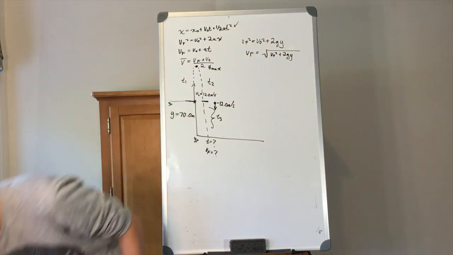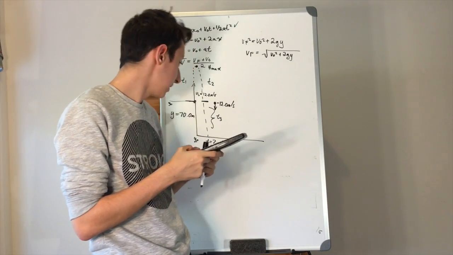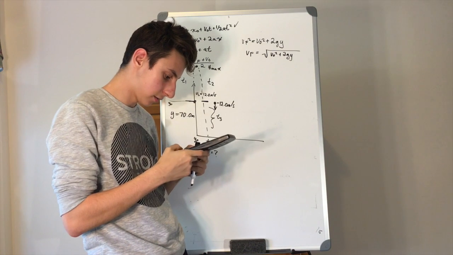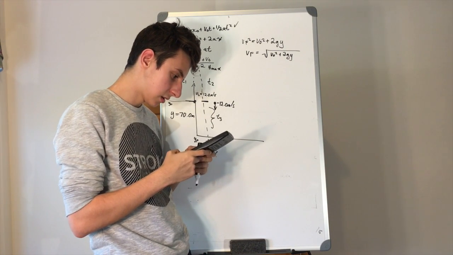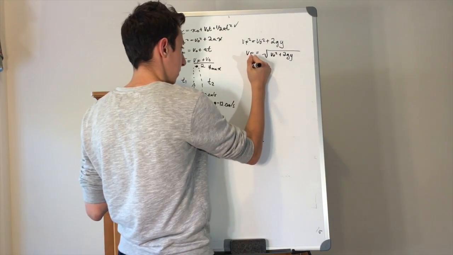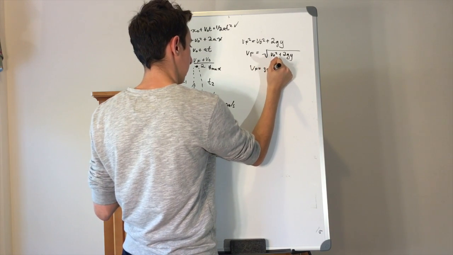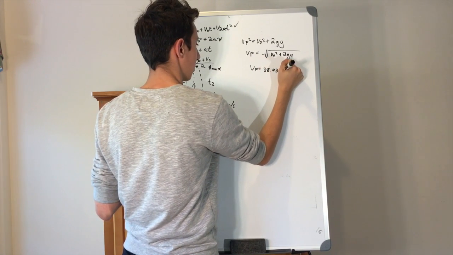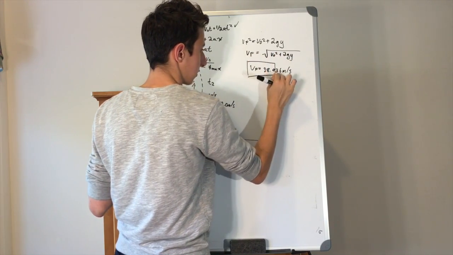So now we plug in our calculators. We have v naught 12.0 squared plus 2 times 9.80 times 70. We take a square root. We should get a final velocity of 38.936 meters per second. And for the answer, we'd only have 3 sig figs, but I'm going to keep these extra digits.